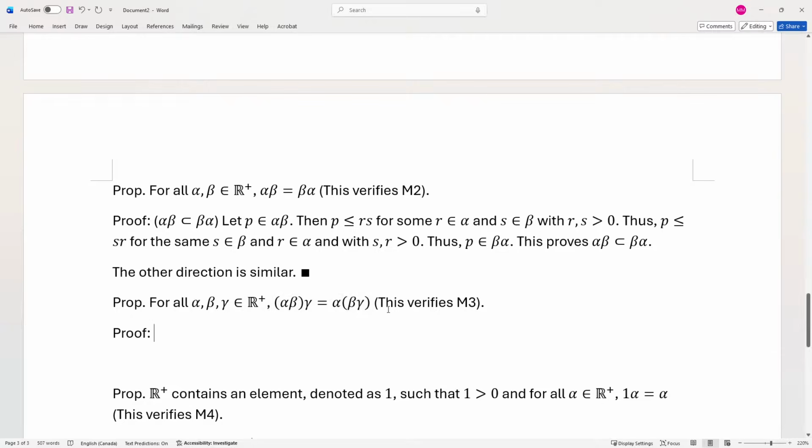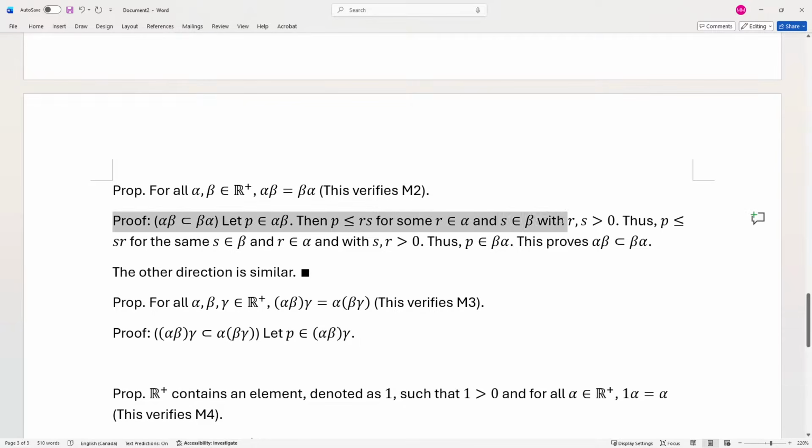The third property, associativity, is once again done by element chasing. So let's do the first containment. You let P be in the first set, alpha times beta quantity times gamma. So how do we unpack that?